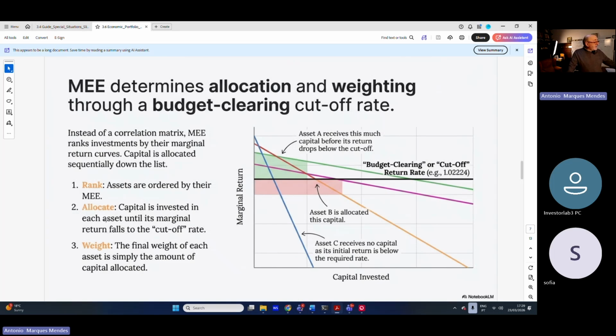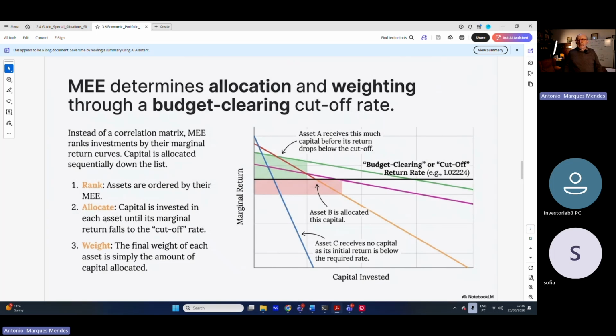Using this approach, we can find the optimal allocation among these, I don't know, 1, 2, 3, 4 stocks we have here. Actually, just 3, 4, yeah. Okay, so basically we find this budget clearing rate.